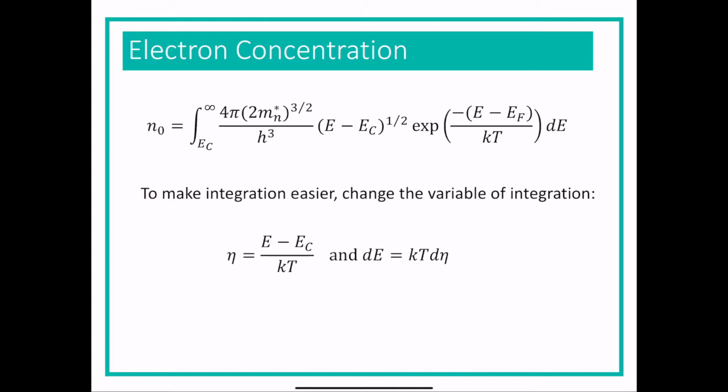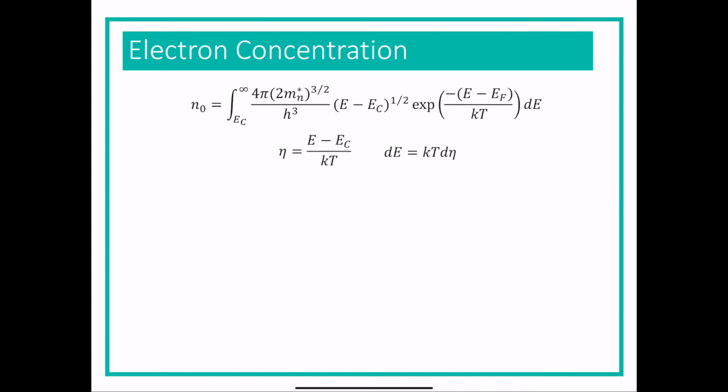I forgot that you have to change d eta to something, and there was an extra KT and I couldn't figure out where it came from, and that's why. So now I know.